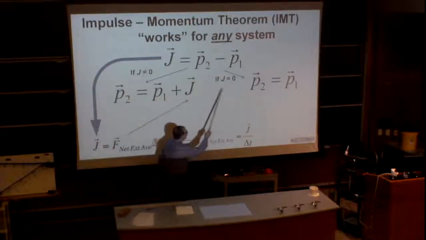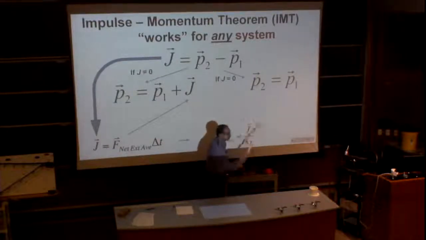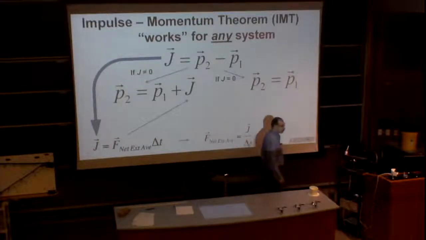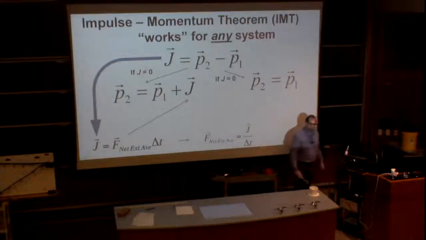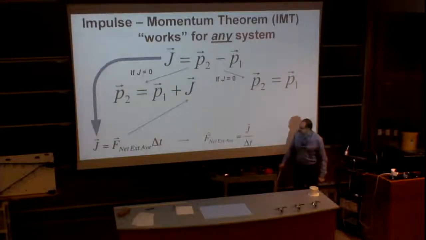In that case, no matter what's happening inside the system, the linear momentum remains the same. And if something remains the same, we call it conservation. So this is basically the law of conservation of linear momentum. It says when the net force is zero, or the impulse of the force is practically zero, the linear momentum remains constant.